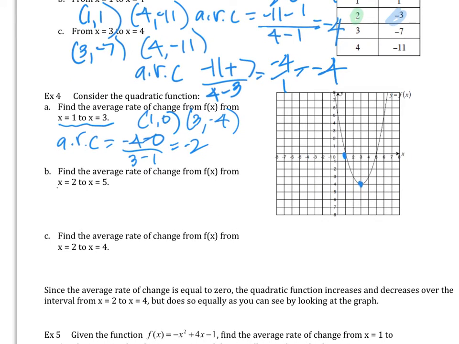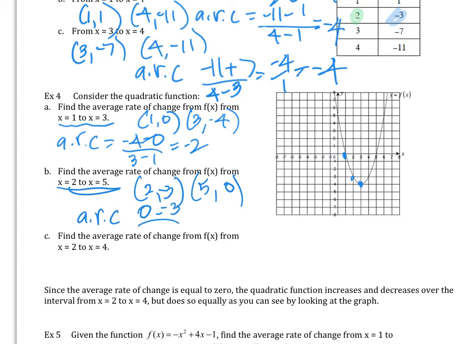So for B, we're looking between 2 and 5. So at 2, our point is negative 3. At 5, our point is 0. So again, we are doing the change, 0 minus a minus 3 over 5 minus 2, 3 over 3, and we get a 1.